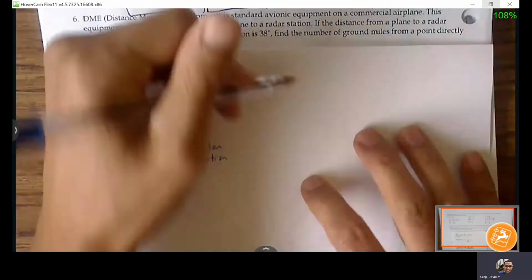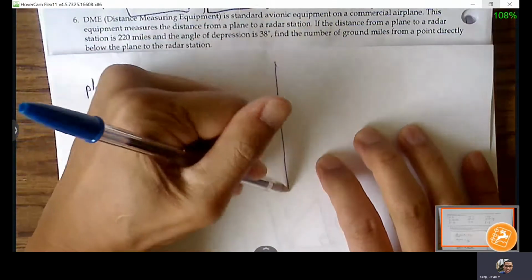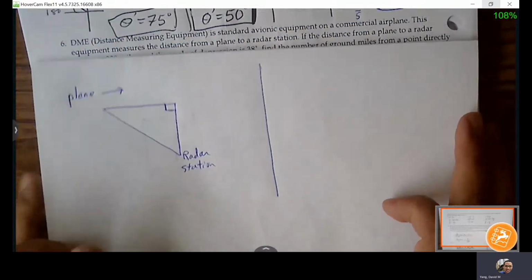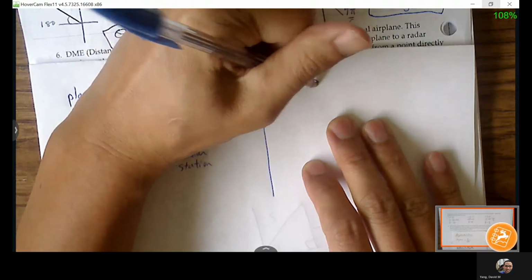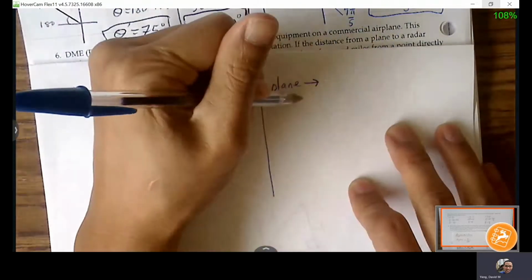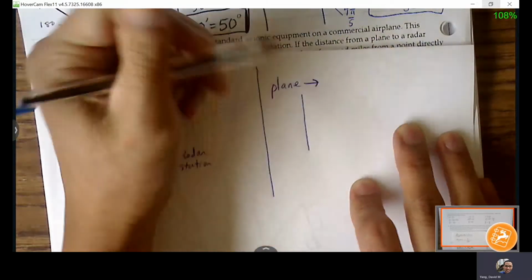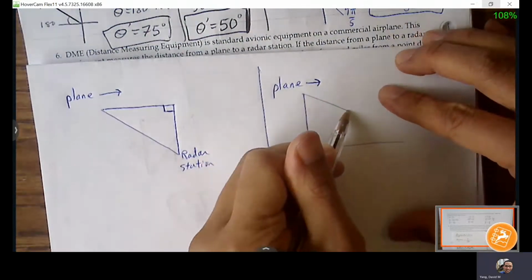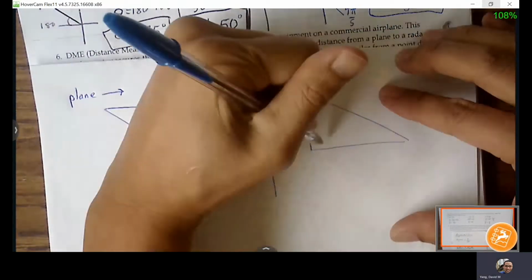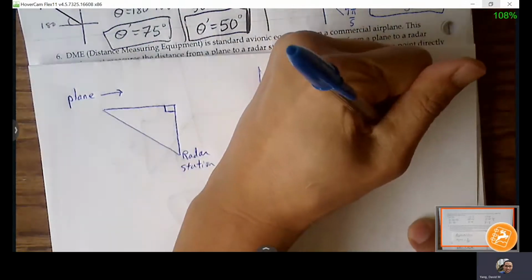Okay. So that's one way to draw it. Okay. Another way that we can draw this is we can have the plane, maybe I have the right triangle this way. Okay, both work. Does it matter what way you draw it?